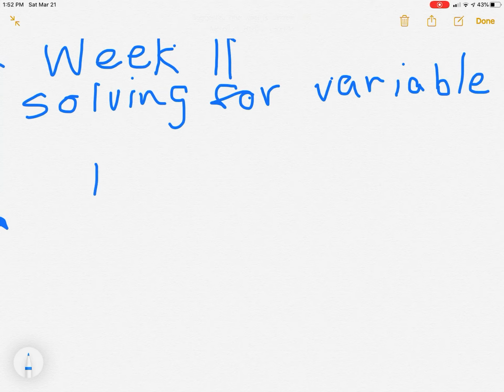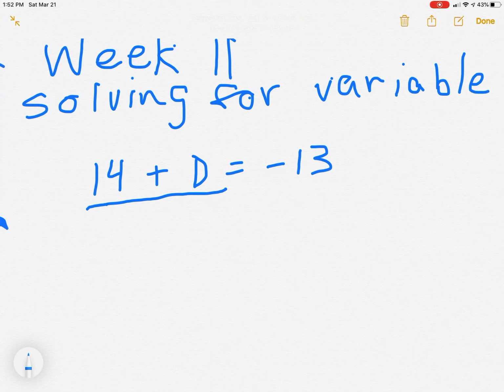So we have 14 plus d is equal to minus 13. So this is an addition problem right here. It's 14 plus d is equal to minus 13. Because it's an addition, I'm going to get this d all by itself by subtracting 14 from both sides.